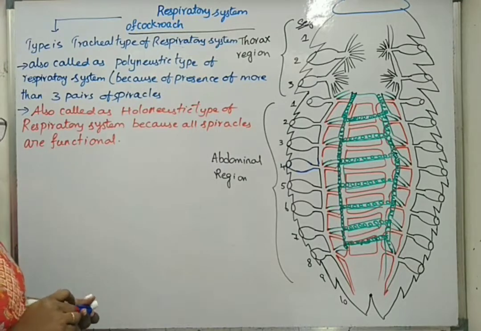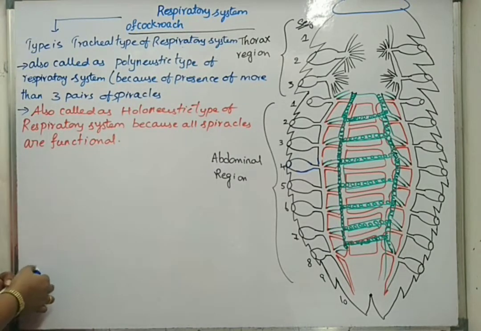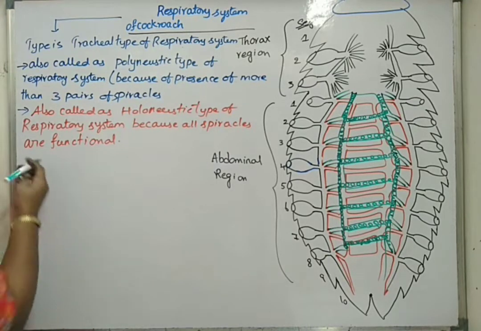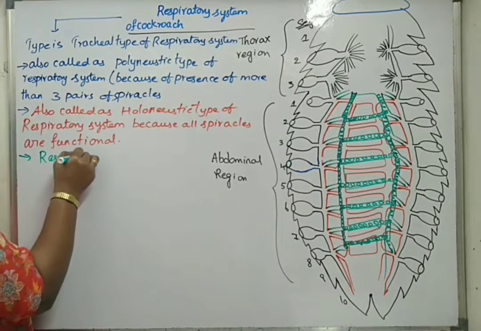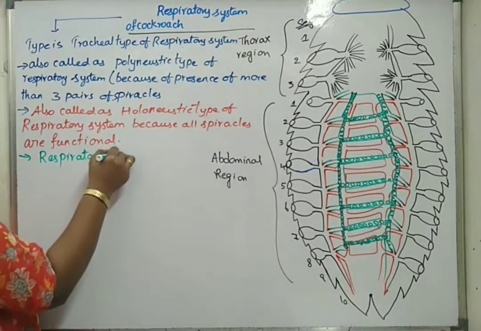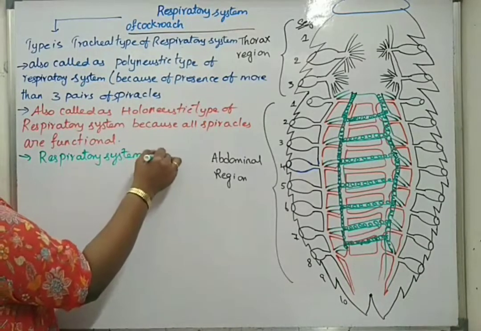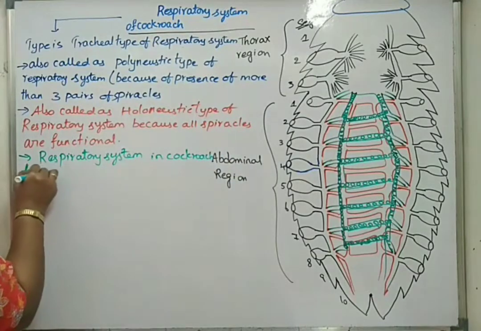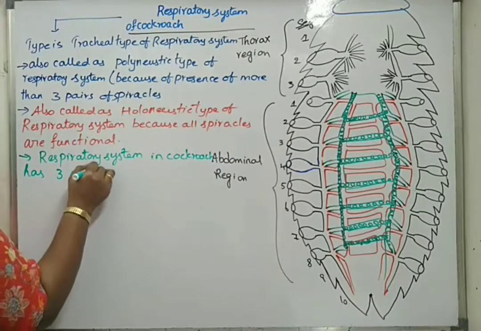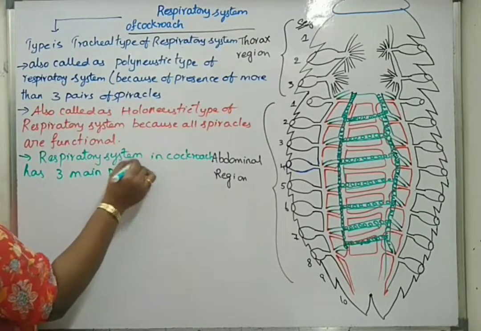The respiratory system of cockroach has 3 important parts. We'll write: respiratory system in cockroach has 3 main parts. What are they?